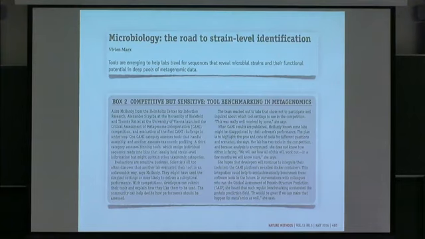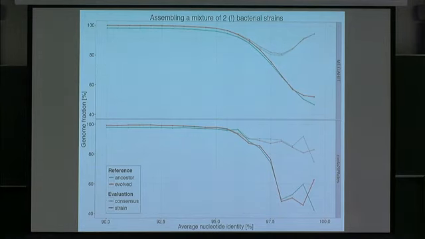And coming myself from an assembly background, I'd like to just show you one toy example that strains are not only important to identify known strains or pathogenic strains, but also have an impact on de novo metagenome assembly. And this is something that I did with Adrian.